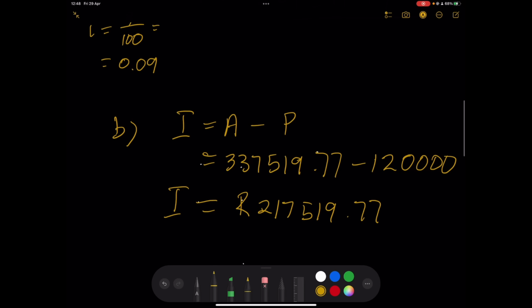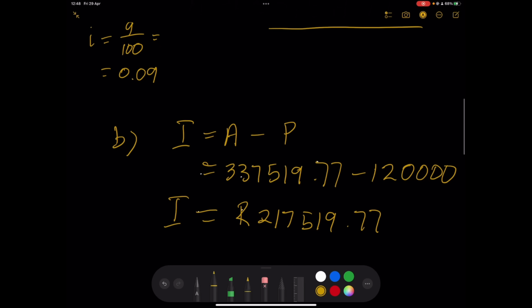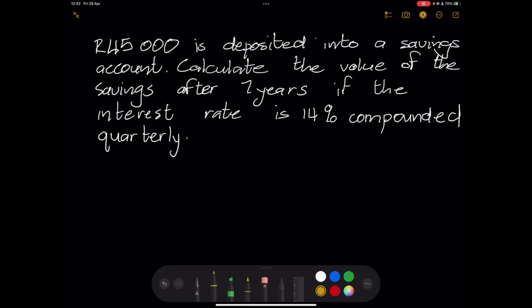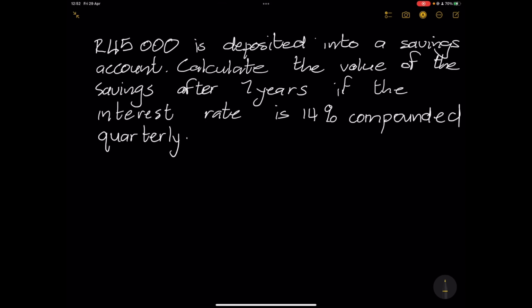Okay, right, now let's take another example. I hope this has been really, really clear. In our second example, we're looking at 45,000 rands that is deposited into a savings account, right? They say calculate the value of the savings after 7 years, if the interest rate is 14% and it is compounded quarterly.